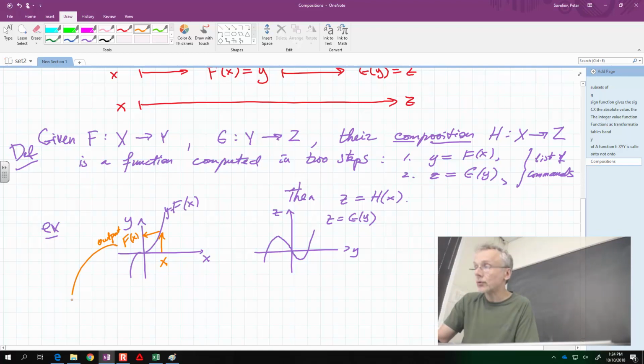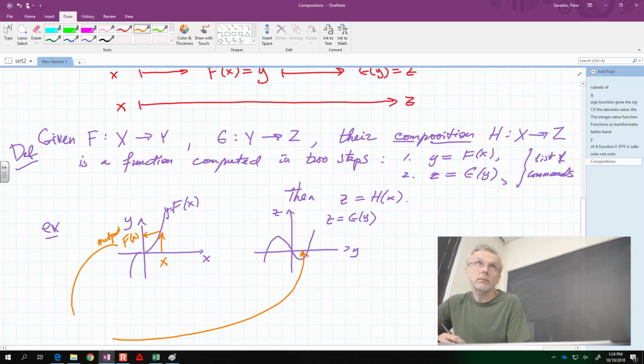So it has to do this. So input of g. And then you use the graph of g in order to find, so that would be my y. It is this time on the y-axis, but on the graph of the other function.